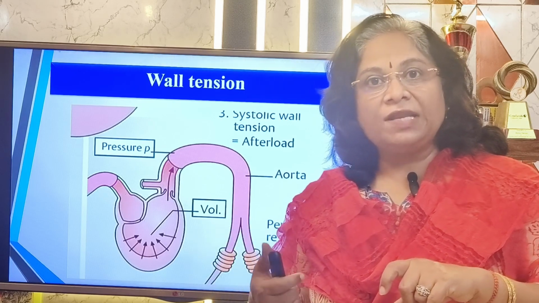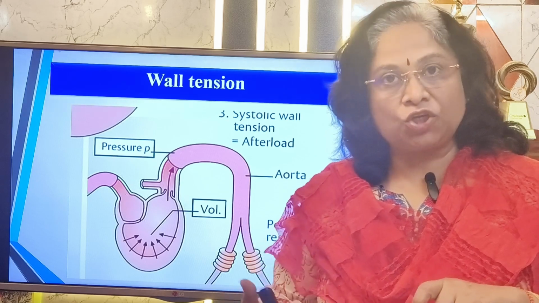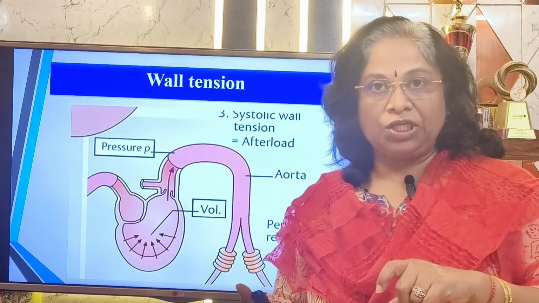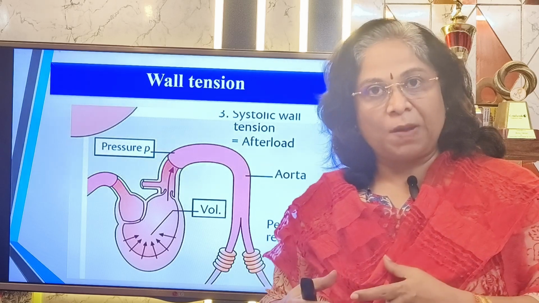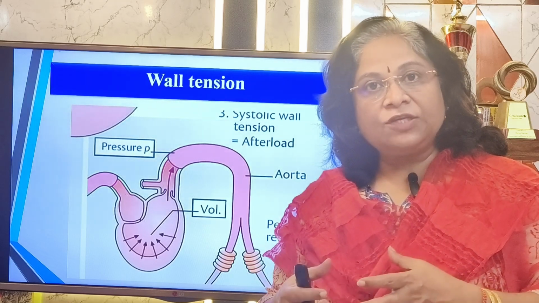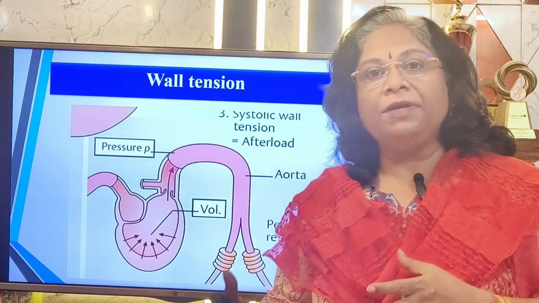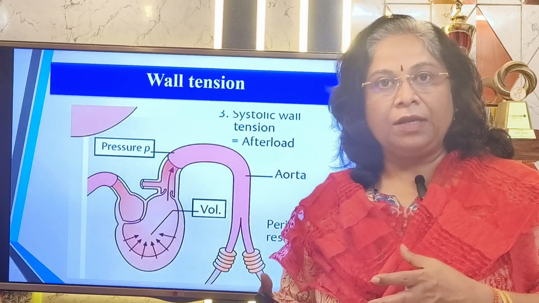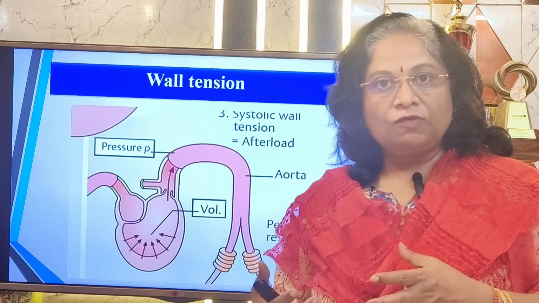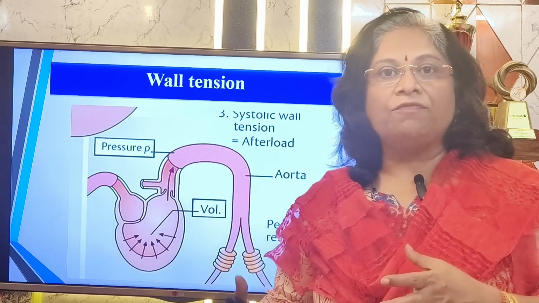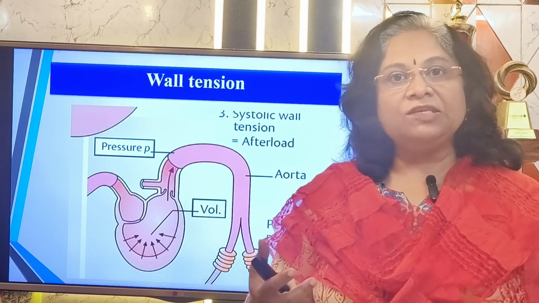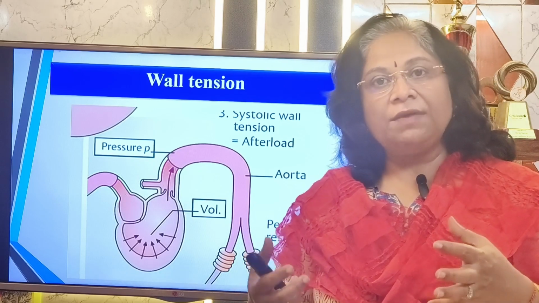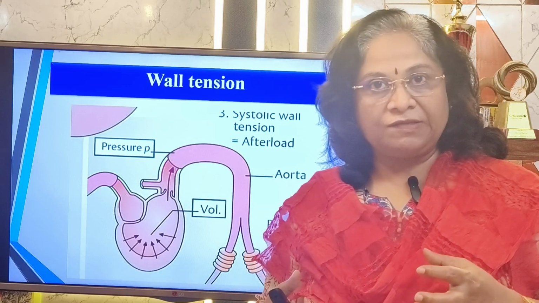Suppose there is a resistance to the ejection of the blood due to hypertensive conditions, or due to constriction of the aorta or a vasospasm. In such a situation, the ejection or emptying of the left ventricle becomes difficult. That is a condition where we say the afterload is increased. And also if there is an increase in the preload, then also the left ventricular pressure is going to increase.